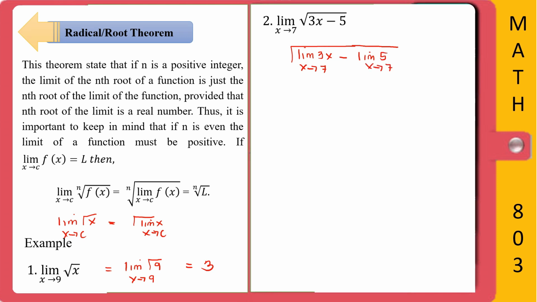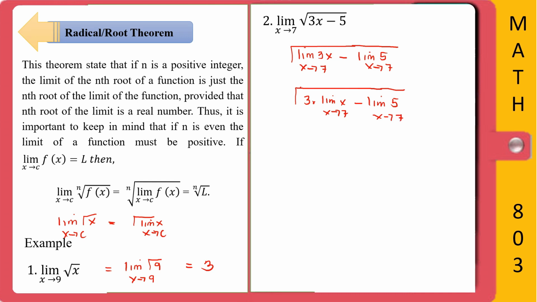Since this will be a constant multiple, it becomes the square root of 3 multiplied by the limit of x as x approaches 7, minus the limit of 5 as x approaches 7.